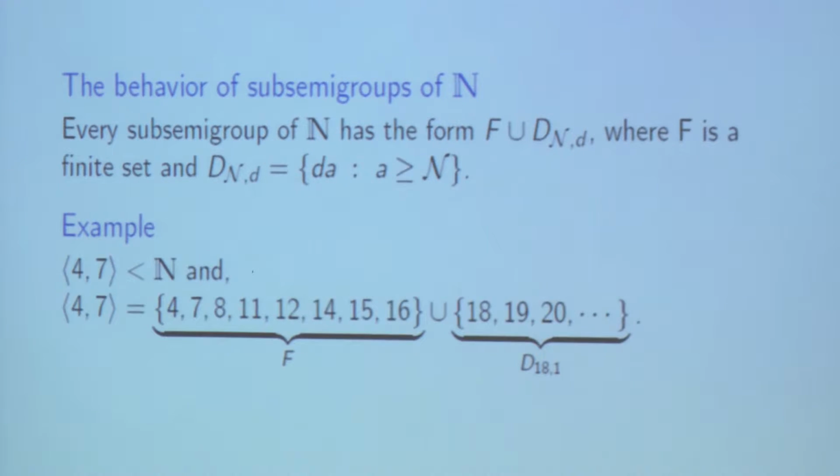So for example, if we have this sub-semigroup of N generated by 4 and 7, then when you evaluate that, we have this set which is finite, and then we have this set which is infinite. But here's a rule, here's a difference, which is 1, and here it's just a finite set, and there is a finite number of gaps. I will mention that after.